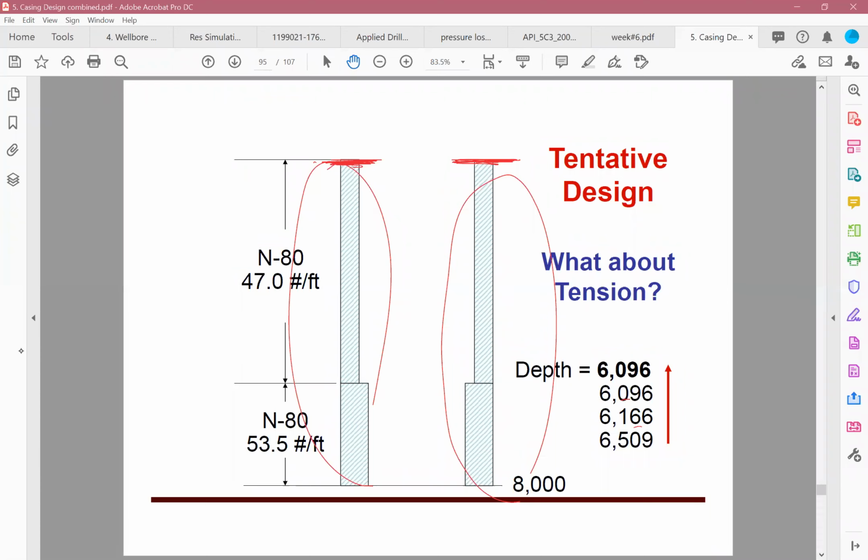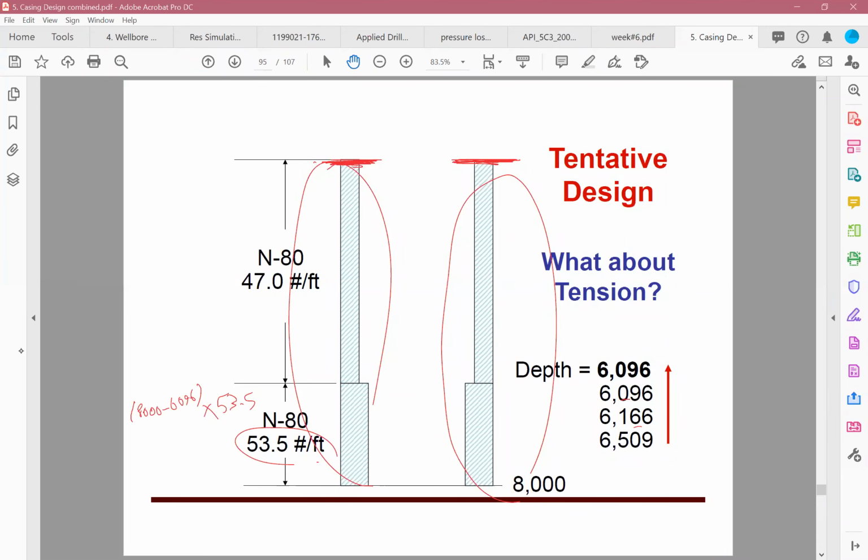You have to take all these casings. So you have 6,096, let's say, of 53.5 pounds per feet, plus, no, the difference, this is not correct. This is 8,000 minus 6,996 multiplied by that.